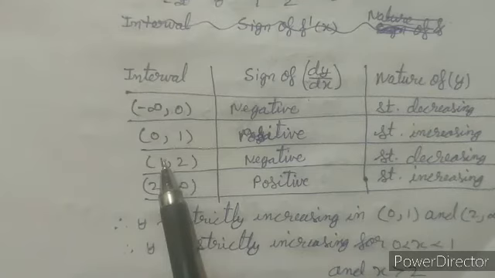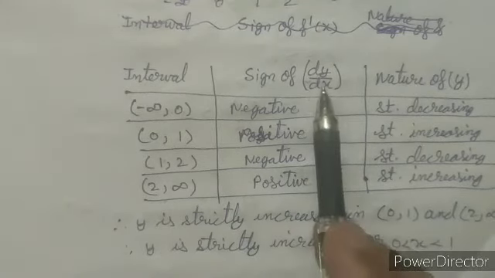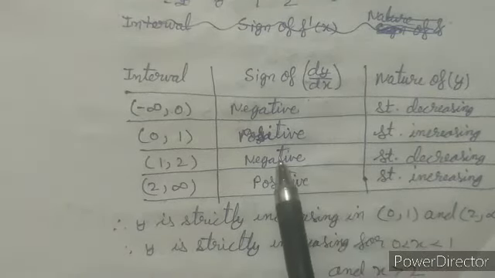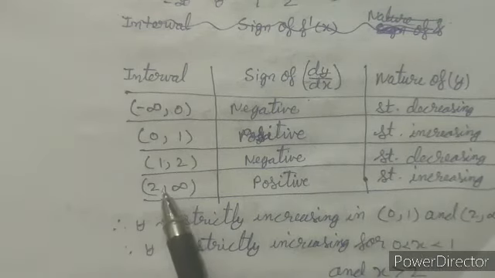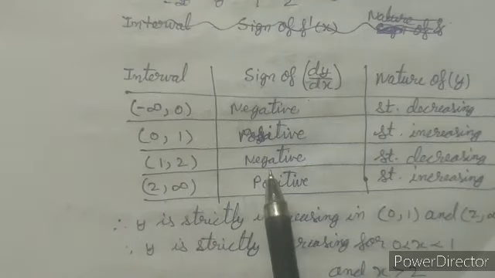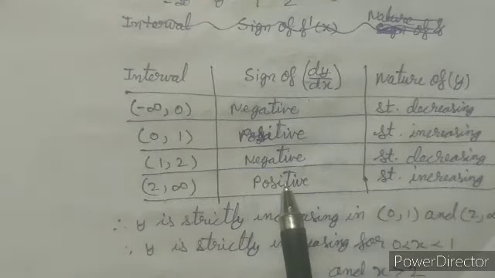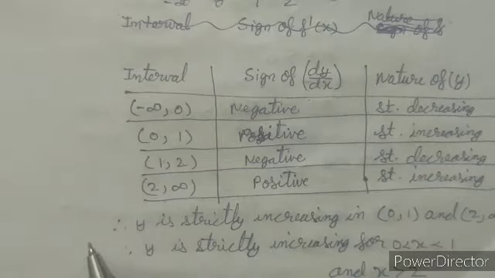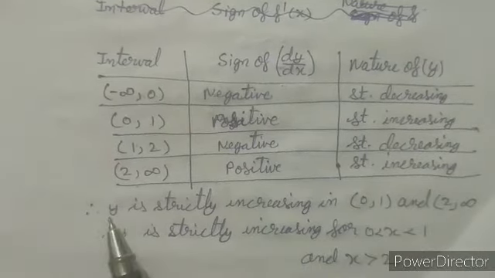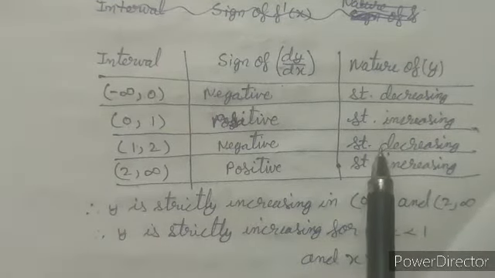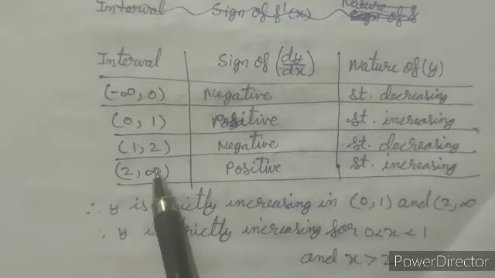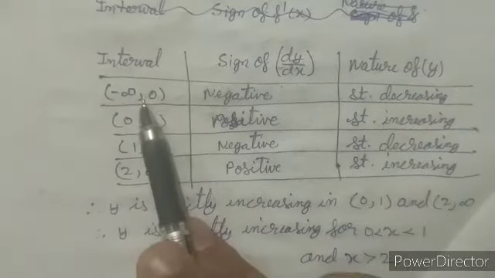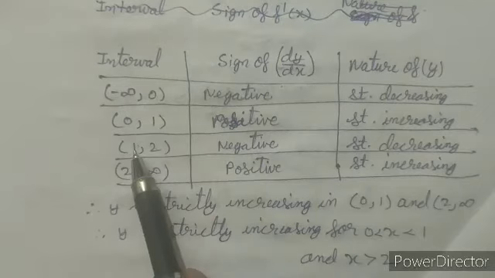Similarly in interval 1 to 2 the sign of dy by dx will be negative, and that means it is strictly decreasing. In interval 2 to infinity, again the sign of dy by dx is positive, and so it is strictly increasing. So we can say that y is strictly increasing in interval 0 to 1 and 2 to infinity, and strictly decreasing in interval minus infinity to 0 and 1 to 2.